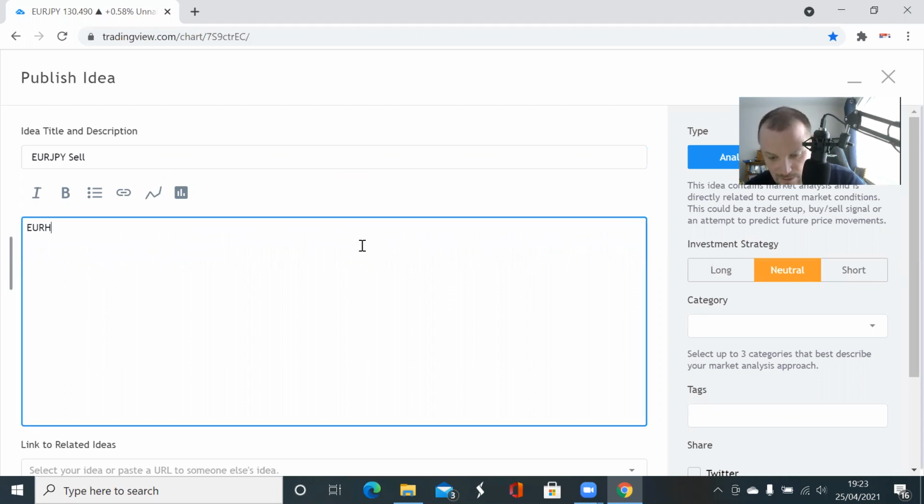EurJpy, looking for the sell on smart money on supply area, taking it down to the lower demand. Let's see how this works out.